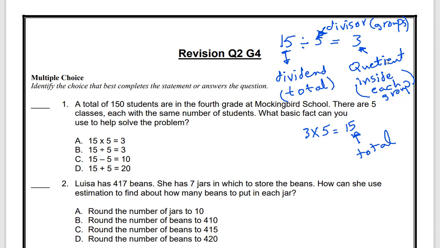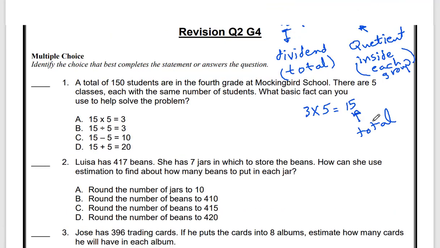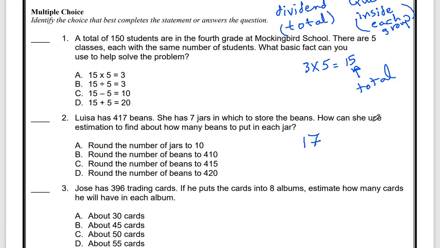And we have another concept, which is the quotient and the remainder. We said that 15 divided by 5 equals 3. So here I will write 17 divided by 5. And this time the quotient is 3, because 3 times 5 equals 15. So I have a remainder.